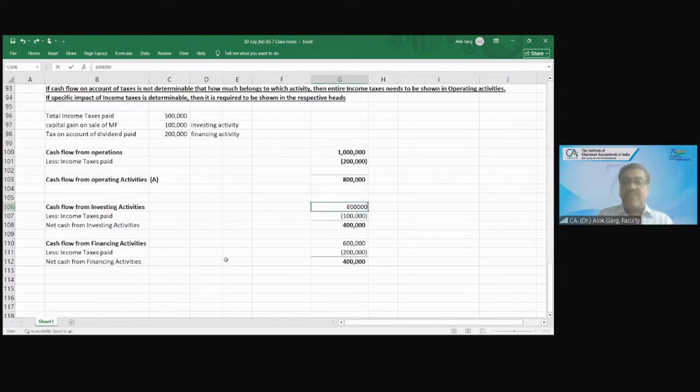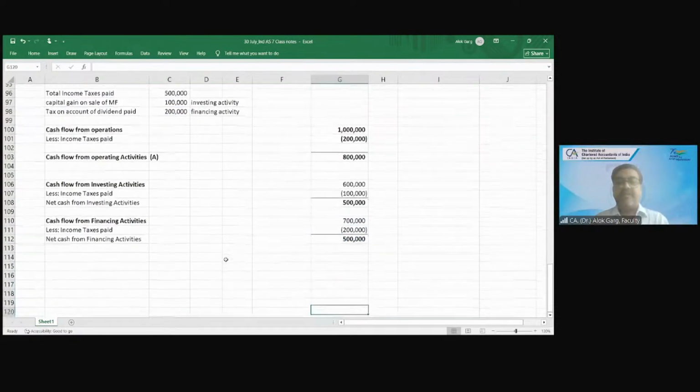Income tax paid is 1 lakh. What is this 1 lakh? This 1 lakh is capital gain on sale of mutual fund. Cash flow from financing activity, let's say it's 7 lakh rupees. What is your income tax paid? Dividend distribution tax, 2 lakh rupees. So this is your net cash flow from financing activity, right?